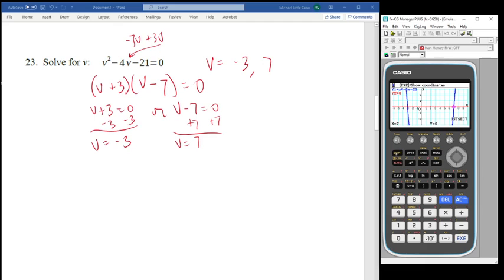Now again, we could have gone G-solve and said, let's find the root. And then it really ignores the second, the y2, right? But we have to tell it where do we want the root. And it's doing it for y1. I think maybe that's the default, negative 3 and 7.